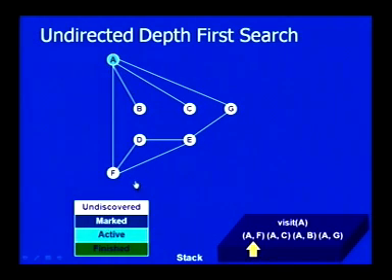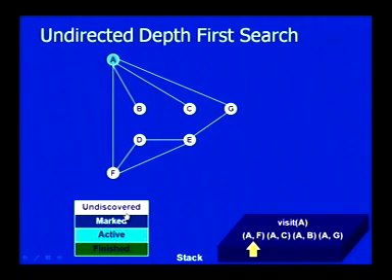So, I am going to have a data structure called stack, and I am going to push all the neighbors into this particular stack. There is a possibility that a node that has already been visited may come again and again, because this is an undirected graph. To avoid that, I am using certain conventions.